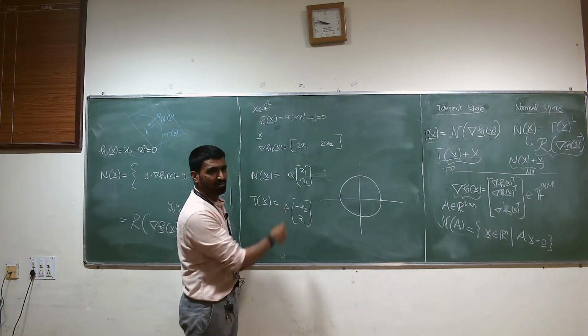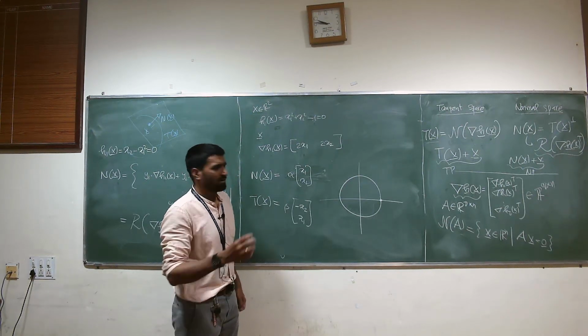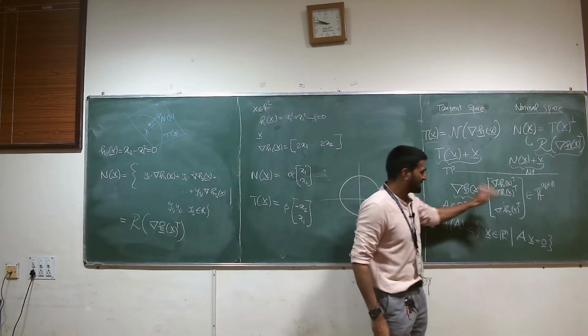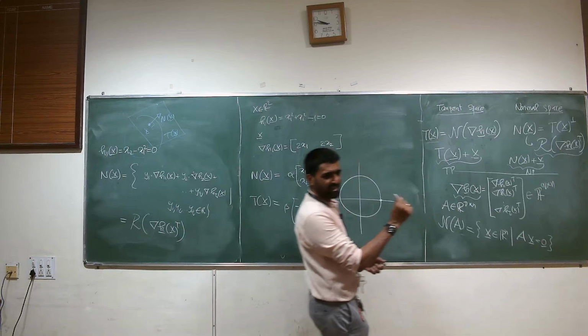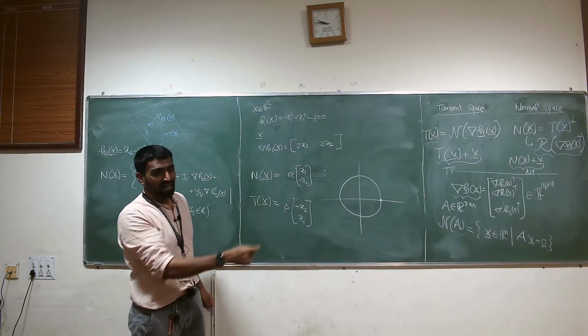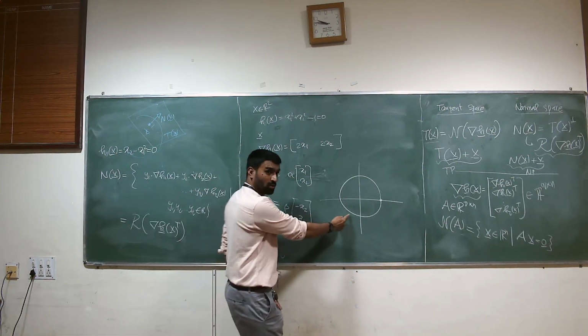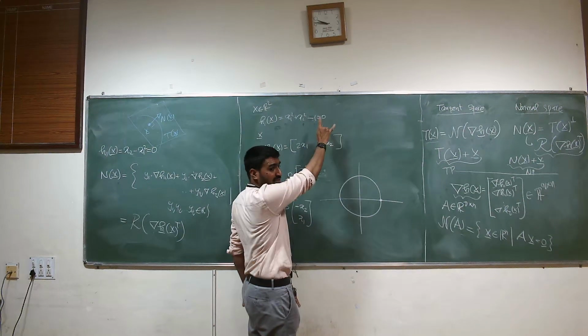Towards the origin, is it? Here, the normal space essentially depends on the gradient of the function. The gradient always points in the direction in which the function increases the most, and the gradient is always perpendicular to a contour. This is a contour. H of x equals, well, x transpose x equals 1.